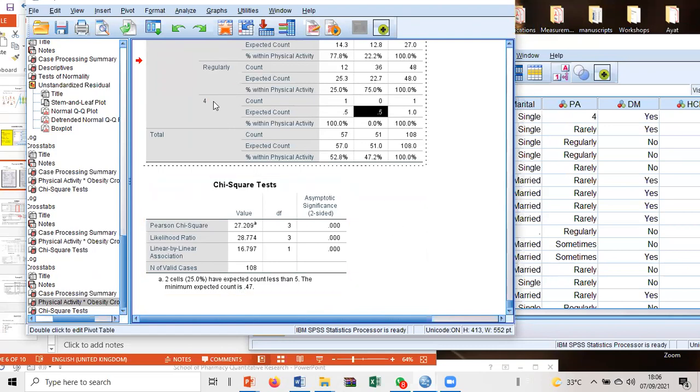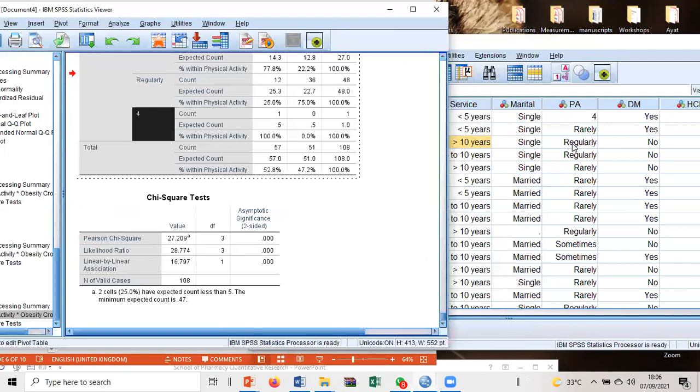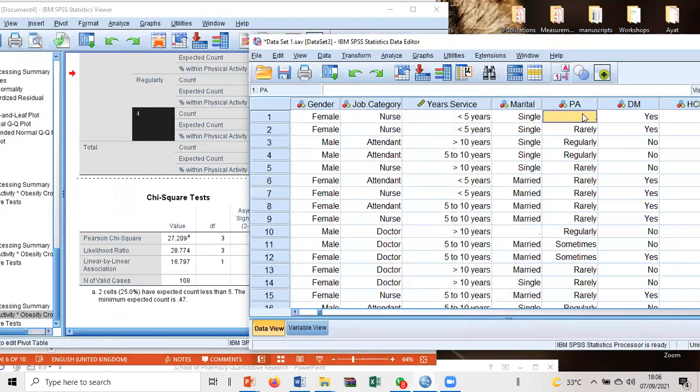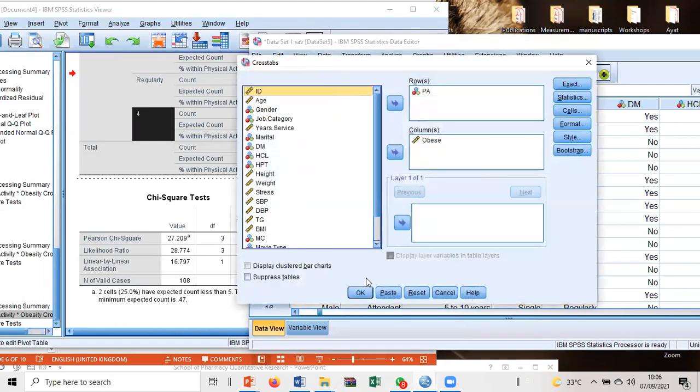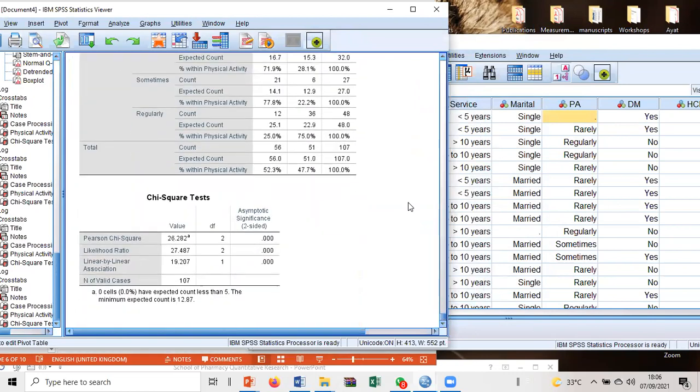It can be a typo, right? Let's say it's not a typo. It is a value. What do we do? Either merge it with some other cells or delete it, and repeat. Now, is the count okay?